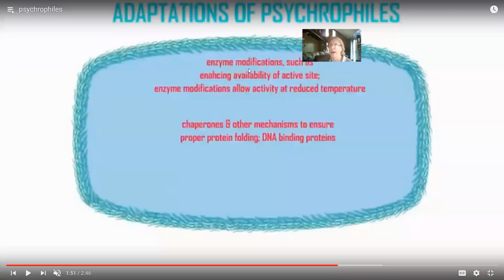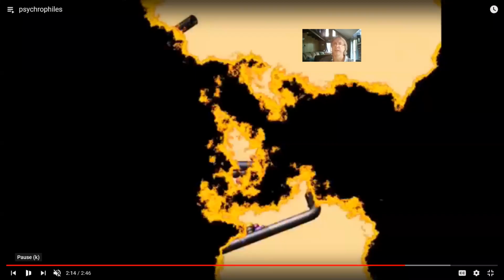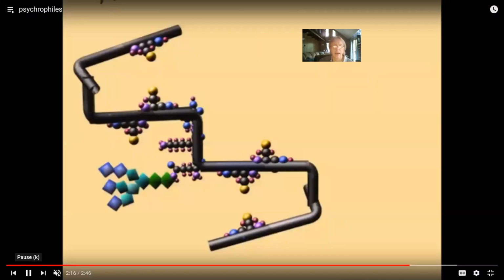Well, once again, there can be modifications of the protein structure, which then prevent the cold temperatures from changing the structure of the protein, and to ensure proper folding even at cold temperatures.